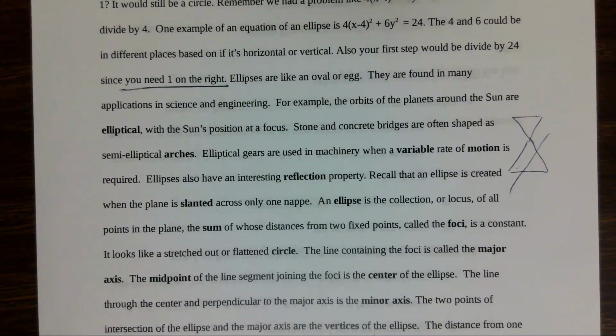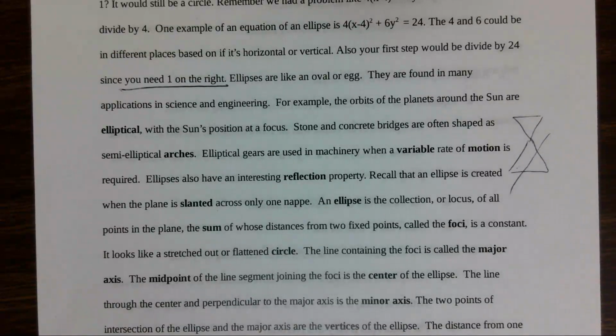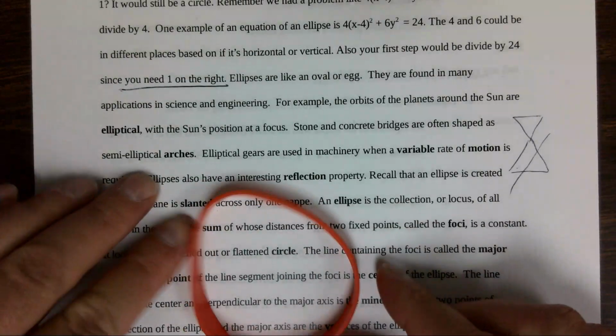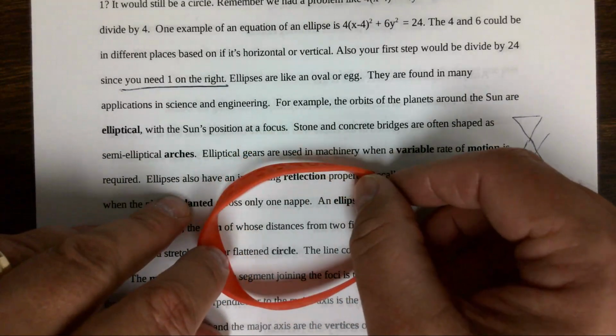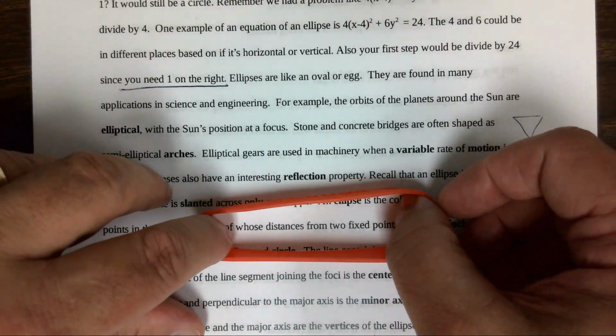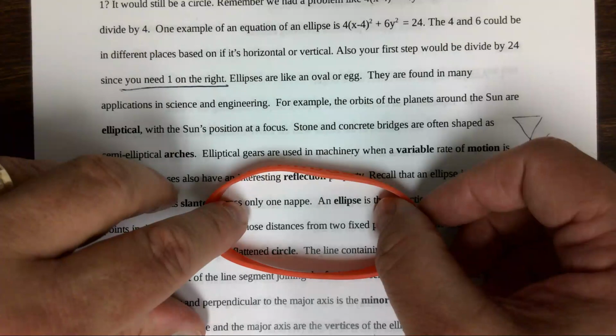Some people say foci, some people say foci, so you may hear it either way. It basically looks like a stretched out or flattened circle. So say you have this. If it's stretched out more like that, that's going to be an ellipse.